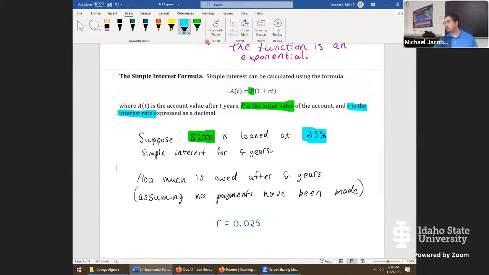I'll still highlight this because that's where we got that information, when they said 2.5% simple interest. Then this t variable is just the value after t years. It's the input to the A function, A for the amount at time t, and it goes right there, multiplying the interest rate. So that's a breakdown of the entire function.